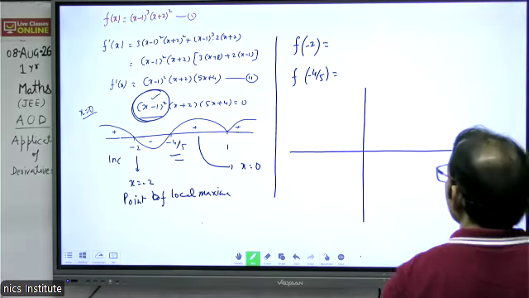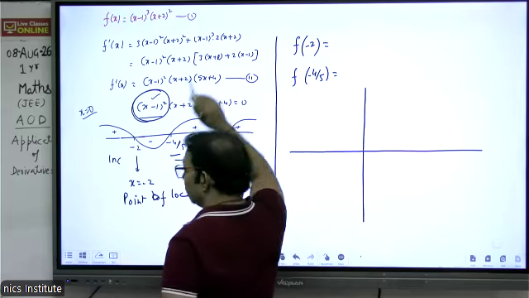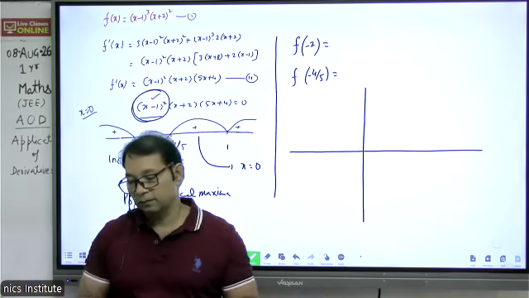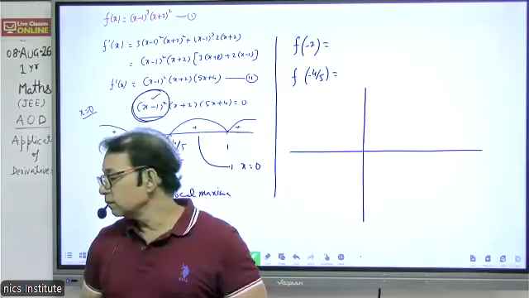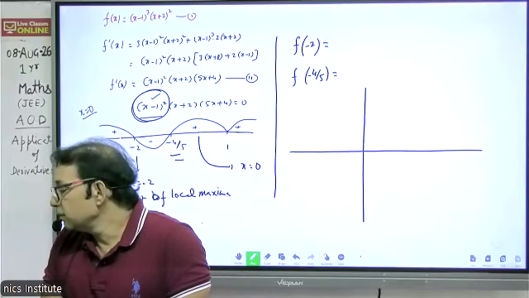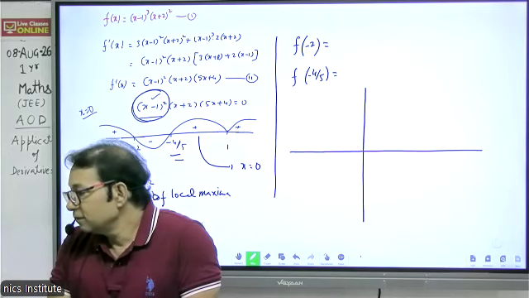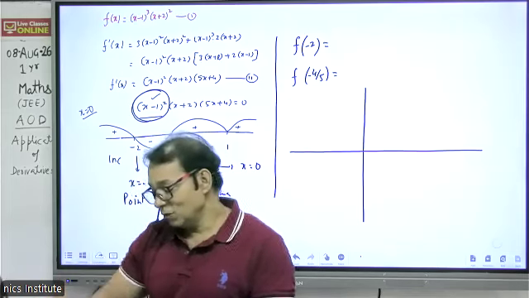You can also find f of 1. हाँ फंक्शन में, बिकॉज वी फाइंडिंग लोकल मैक्सिमम वैल्यू, लोकल मिनिमम वैल्यू. अरे उससे कर लो ना. आई लव मैथ्स. मोबाइल से कर लो. मुझे यूज मोबाइल.